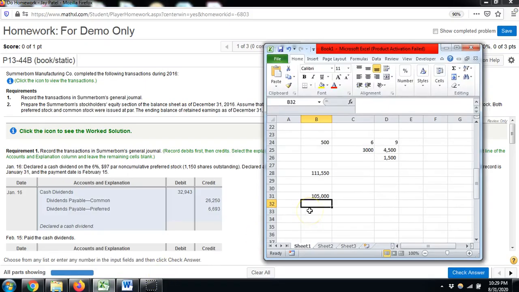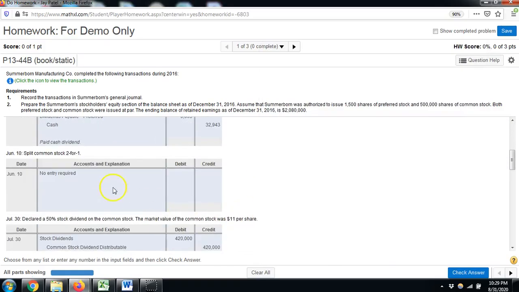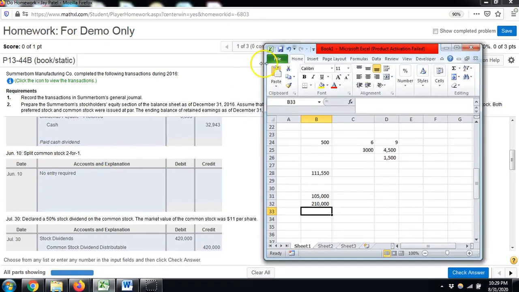And then we did a 2-for-1 stock split. So we multiply this times 2, which, we didn't have an entry here, but this did happen. And then we did a 50% stock dividend. So that's going to increase the share count by 50%. So we multiply this by 1.5, or basically, let's make this a little more clear, by 50%.